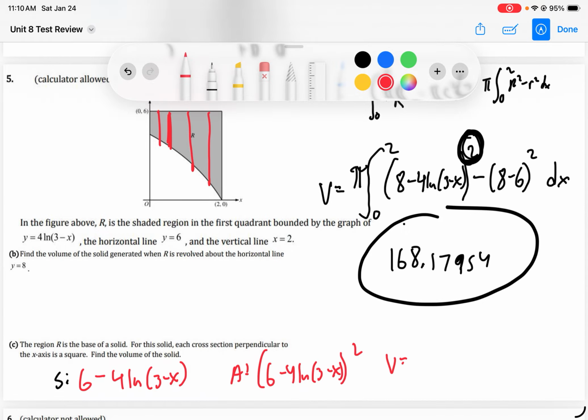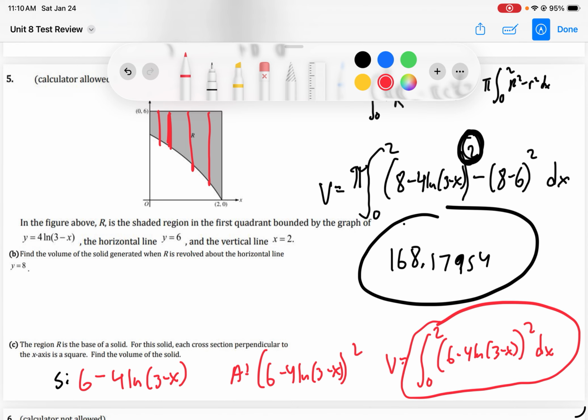So the volume is adding up an infinite number of those from 0 to 2. Again, if this is FRQ, they have to see this on your paper. And then you can write that as equal to, you type it in. I don't think I rounded correctly whenever I did this before, so I'm going to do it again.